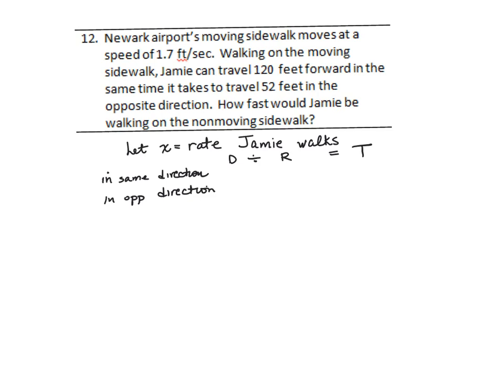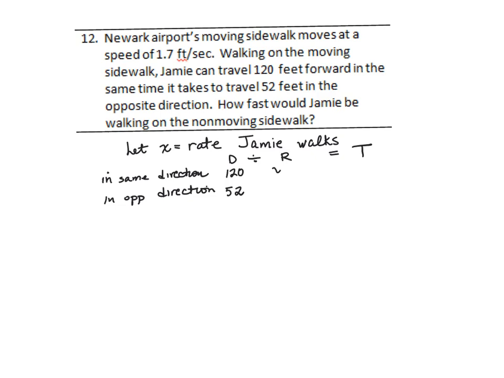So if she's walking in the same direction, it says walking on the moving sidewalk, Jamie can travel 120 feet forward in the same time. So this is 120 feet. In the same time, it takes her to travel 52 feet if she walks in the opposite direction. So the rate of the sidewalk is 1.7 feet per second.